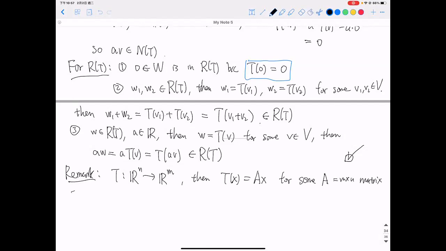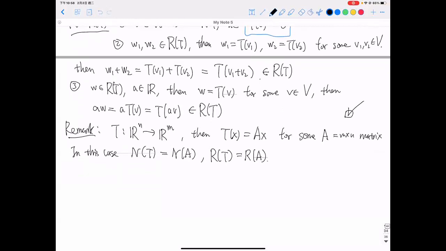In this case, the null space of T is the same as the null space of the matrix A that we defined before. The range of T is the same as the range of A that we defined before. Okay.